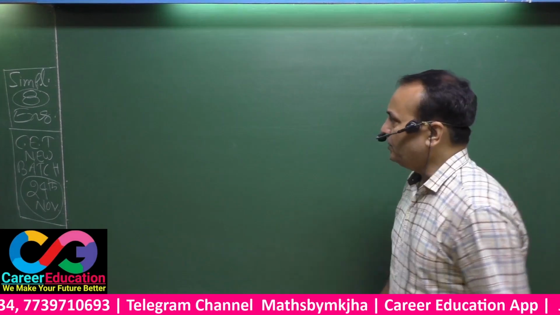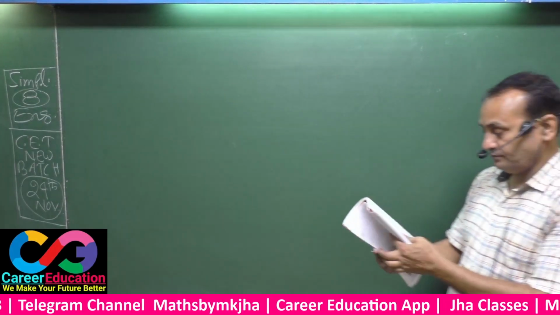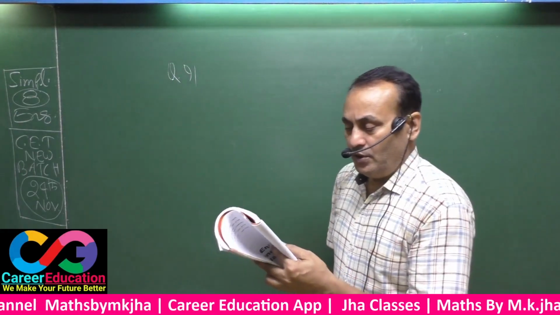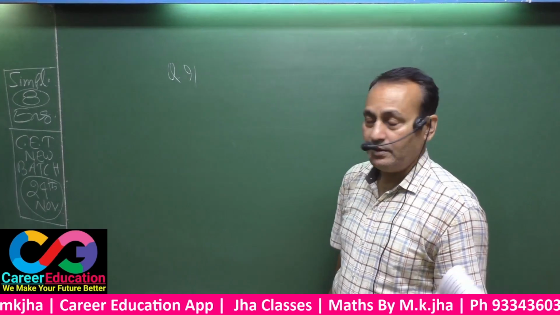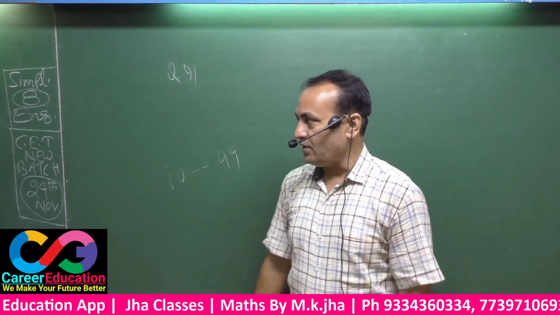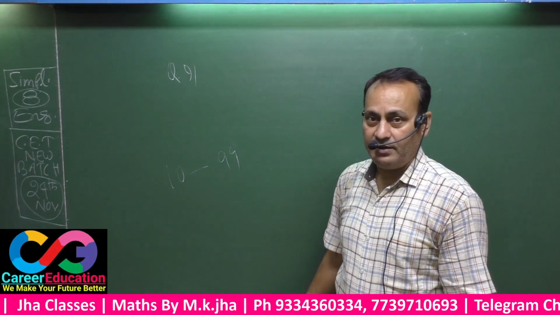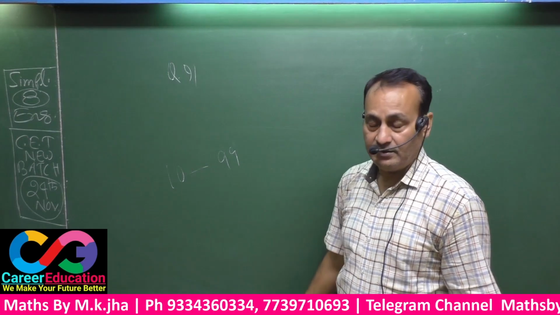Okay. Now come to question number 91. See, which is the two-digit greatest perfect square number? Two-digit numbers start from 10 and end at 99.